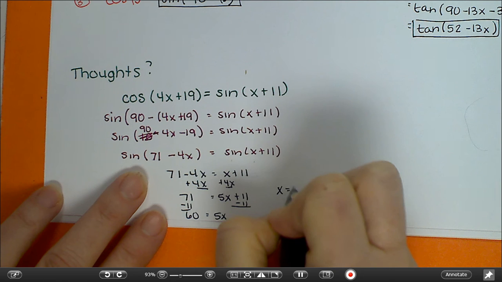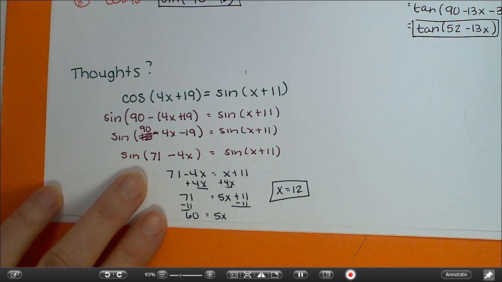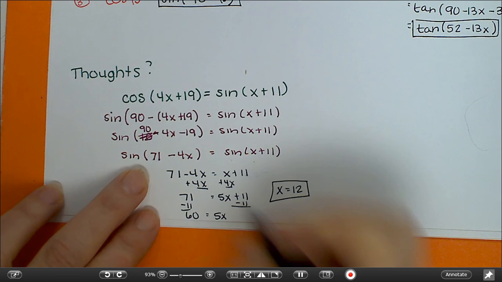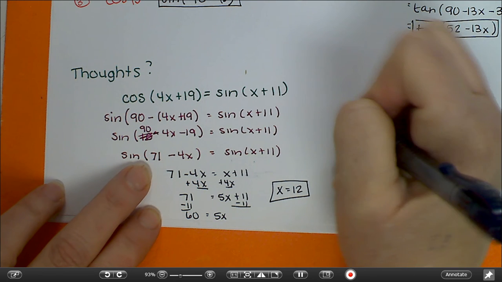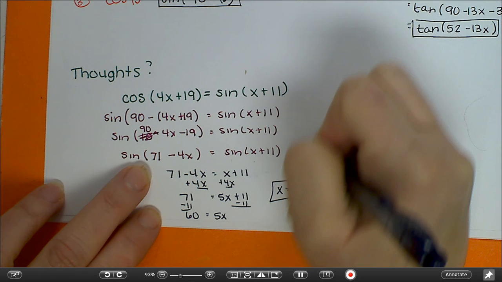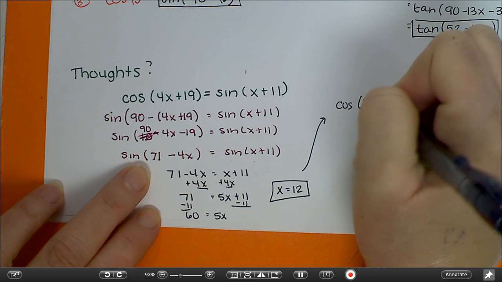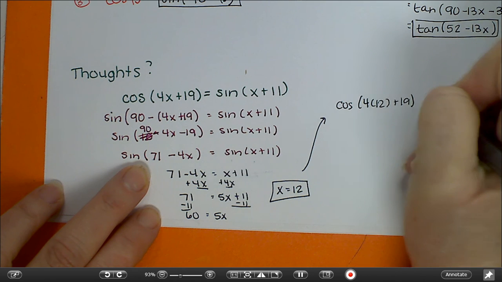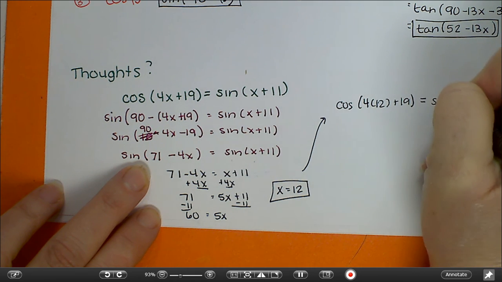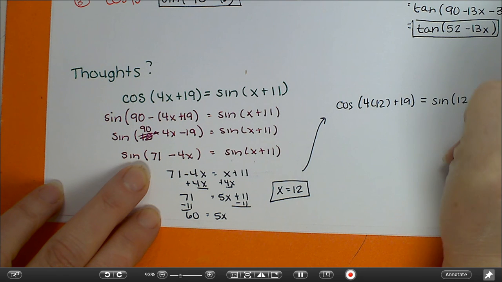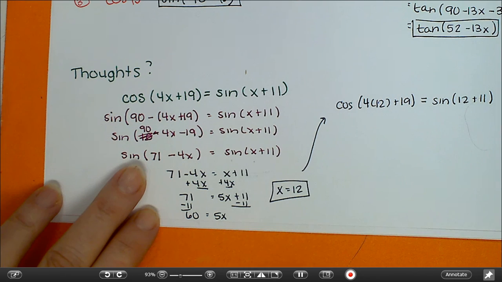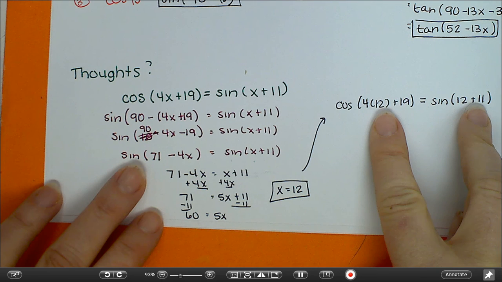So x equals 12. And if we want to know what the angles are, we would just substitute in. So we have cosine of 4 times 12 plus 19 has to be equal to sine of 12 plus 11. Now, if we did this right, these two angles should be complements.